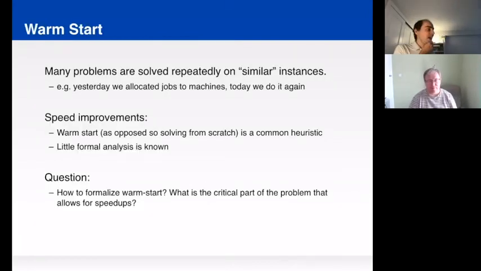And what we're going to look at is what's really known as warm start. If you look at large problems that are actually expensive to solve, it's rare that you solve them once and then you go away. Usually these are the problems that you're solving day after day, and they're usually on a similar set of inputs. So if you're doing a scheduling problem and you have to allocate jobs to machines, where did these jobs come from?